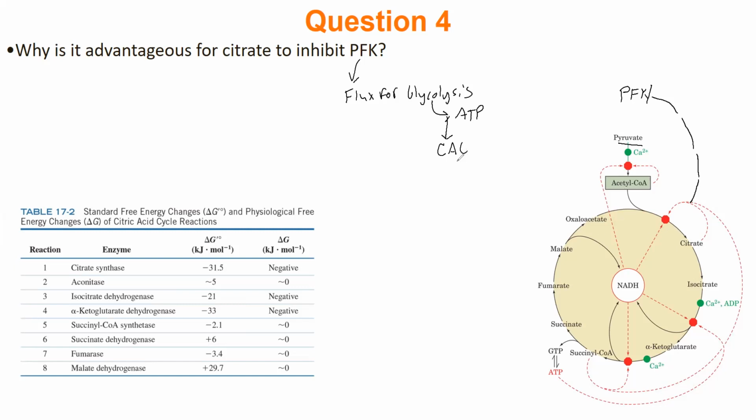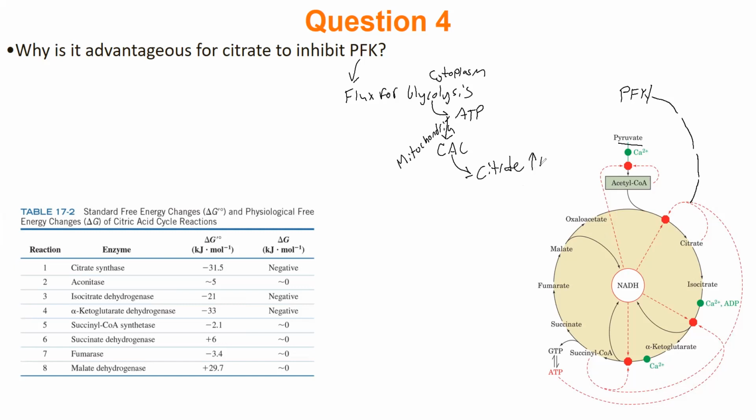The first product you make for the citric acid cycle, which is, by the way, this is mitochondria, while glycolysis is cytoplasm. So the first product you make is citrate.